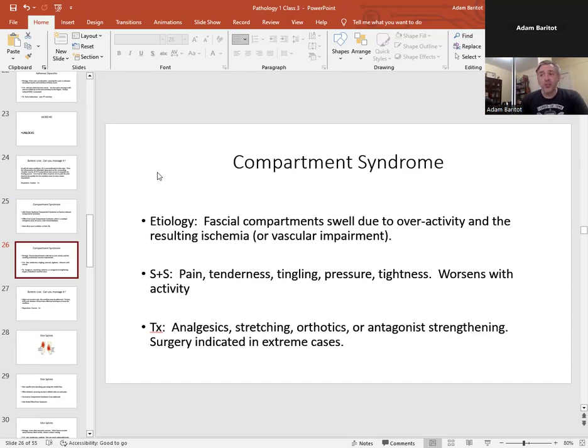If there are issues with the muscles themselves, antagonist stretching, or stretching of the calves for the dorsiflexors and vice versa, is needed, as well as possible orthotics in the shoes for particular deviations. Significantly, overpronation can lead to this. Surgery may be an indication in extreme cases, especially if the condition may become acute.